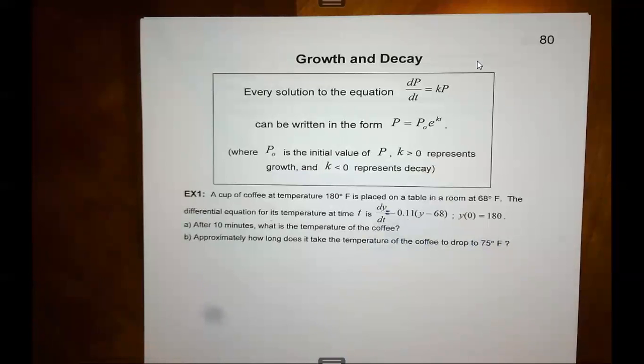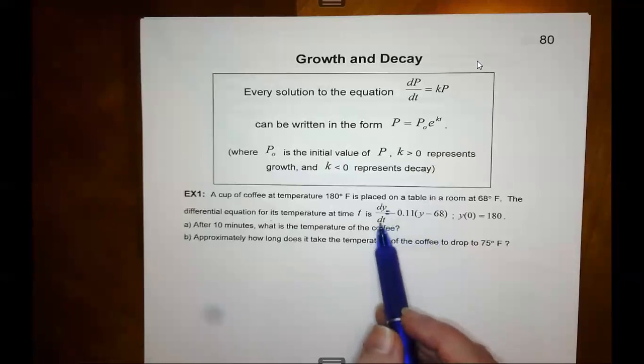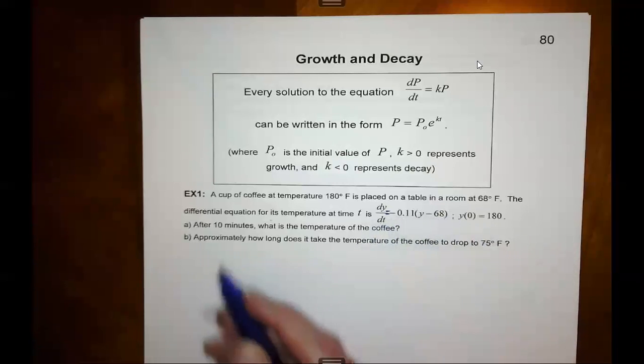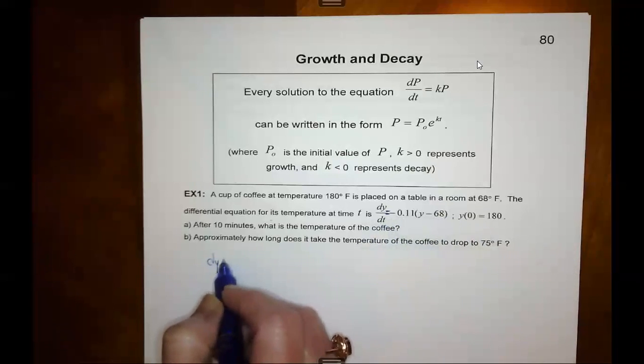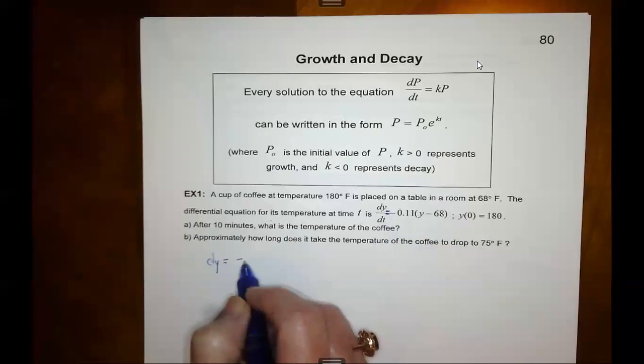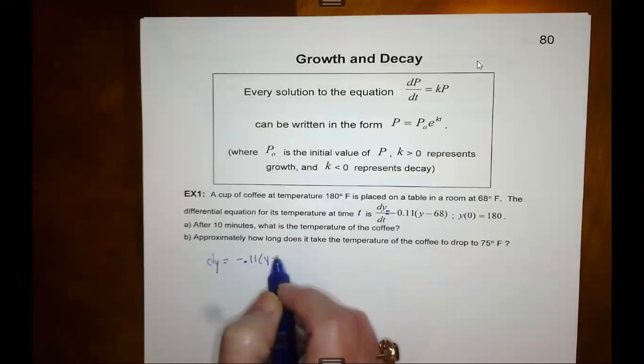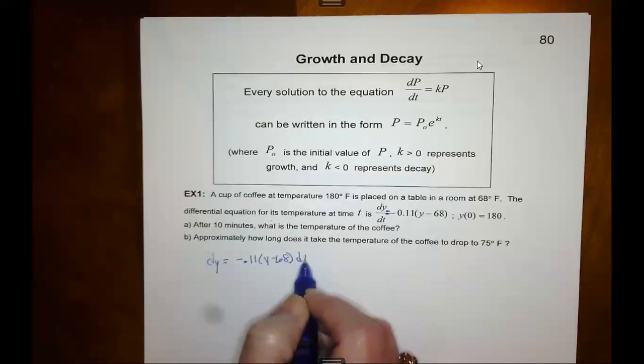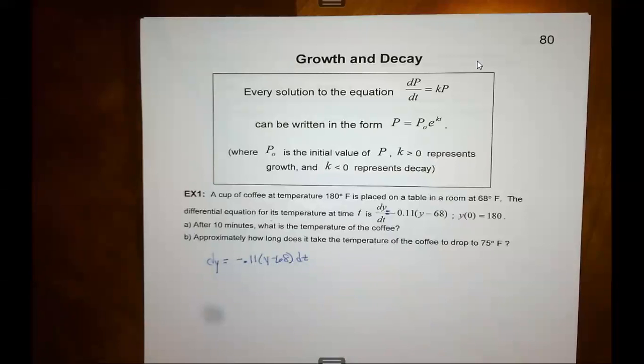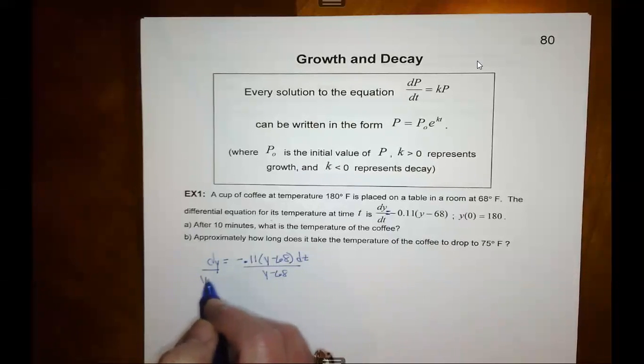So that's what we want to do. The first thing I'm going to do here is multiply both sides by dt. So just move the dt over here. So I would have dy equals negative 0.11 times (y minus 68) dt. All right, so then we want to divide by the y minus 68 to separate our variables like we did last week.